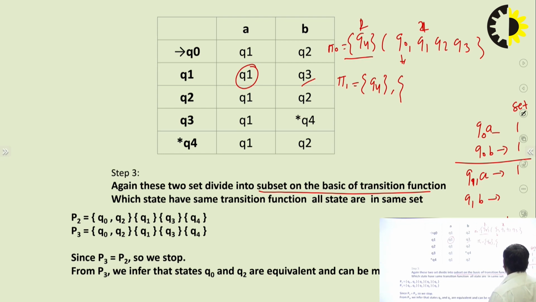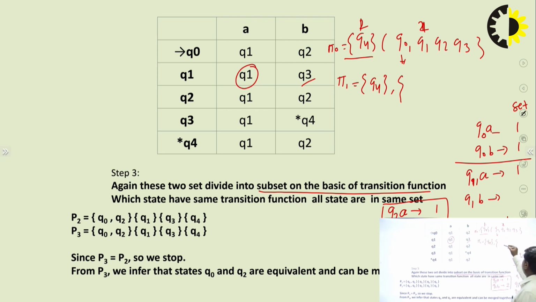We check another function, Q3 on A, that is Q1, set 1, and Q3 on B, that is set number 2. It means Q3 has a different transition function, so it cannot lie in this set.